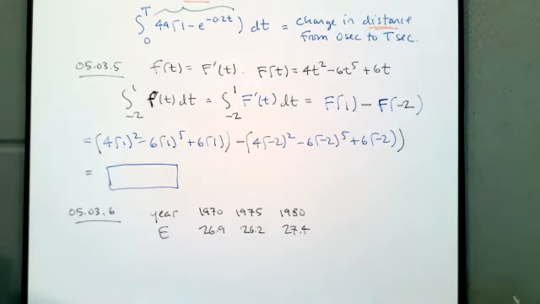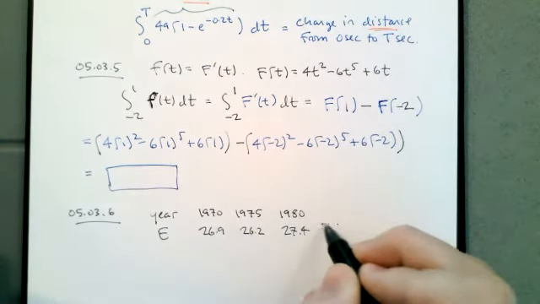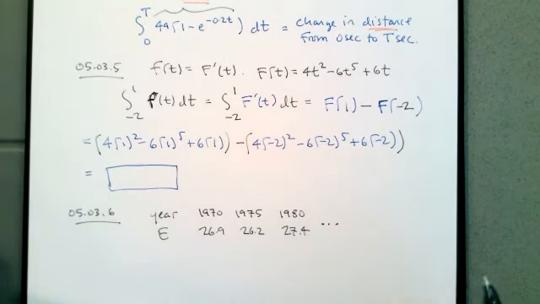All right, and then it goes on. I think this will have enough information to make my point. What we need to note is what these functions represent. So the emissions is nitrogen oxides in millions of metric tons per year. So the units here on E are millions of metric tons per year.